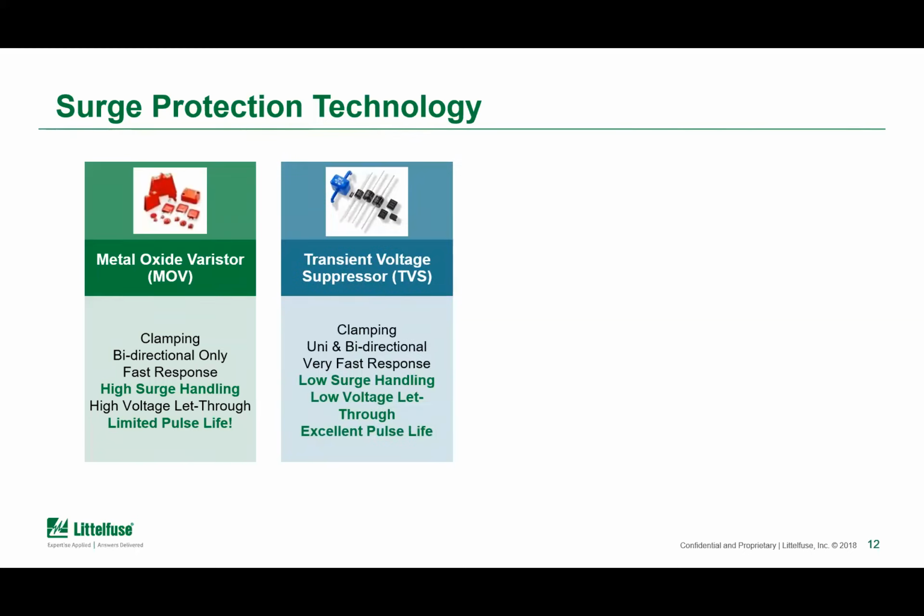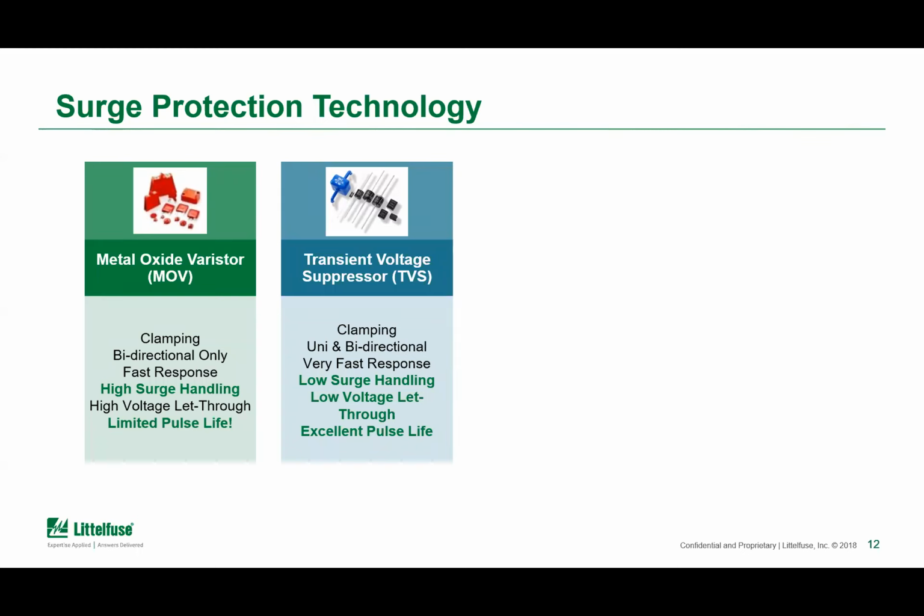Transient voltage suppressors, on the other hand, are also clamping devices, but they have actually a faster response than a metal oxide varistor, and they clamp at a much lower level, all things equal, than a metal oxide varistor, and they also have an excellent pulse life. So you can actually surge them as many times as needed. As long as you don't exceed the peak ratings of the device, it will not wear out over multiple pulses.